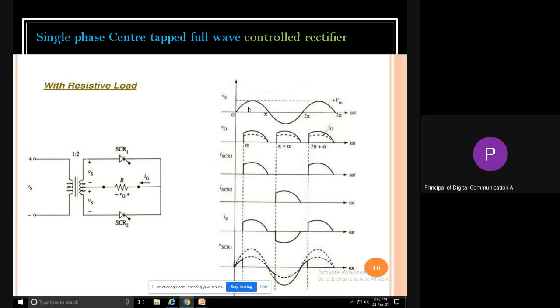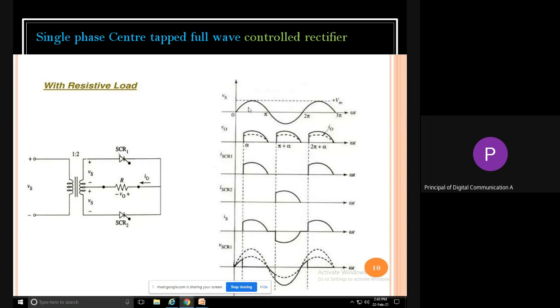That is a step up transformer, as the number of turns on the secondary is double. Also, if you observe the location, position and direction of the SCRs, that is important. Additionally, how an SCR becomes on and gets fired matters.